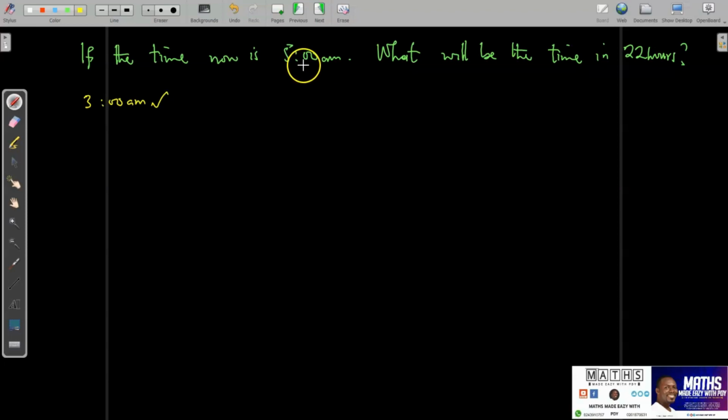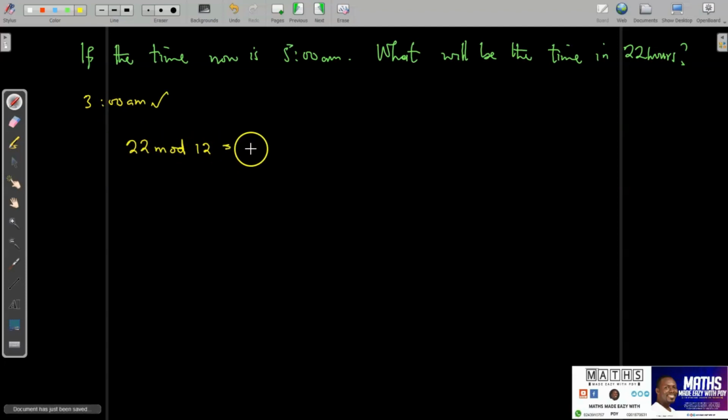So logically, if I'm not going for 24 hours and I'm talking about just 22 hours, then it means that we are 2 hours short of 24 hours. Hence, 2 hours away from 5 a.m. will automatically be 3 a.m. Do you agree with that? Yes, so that is why the answer is 3 a.m.